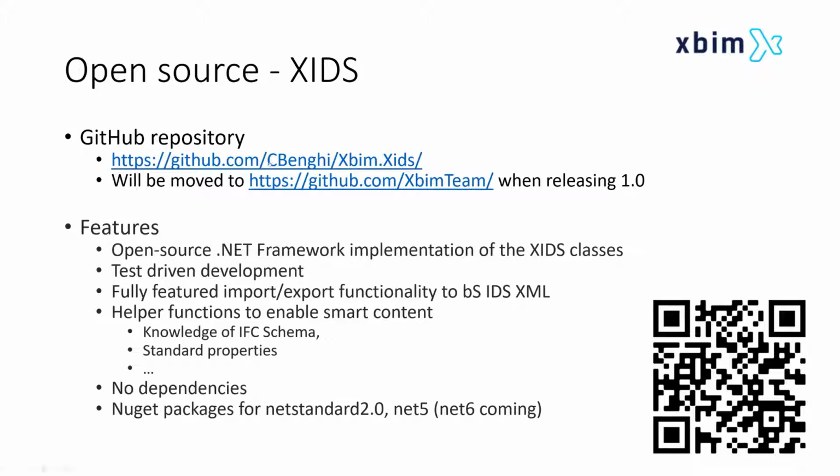You can see the repository at my personal GitHub homepage at this address, which you can see from the QR as well. But once it has graduated and been released, it's going to be moved to the XBeam team page.